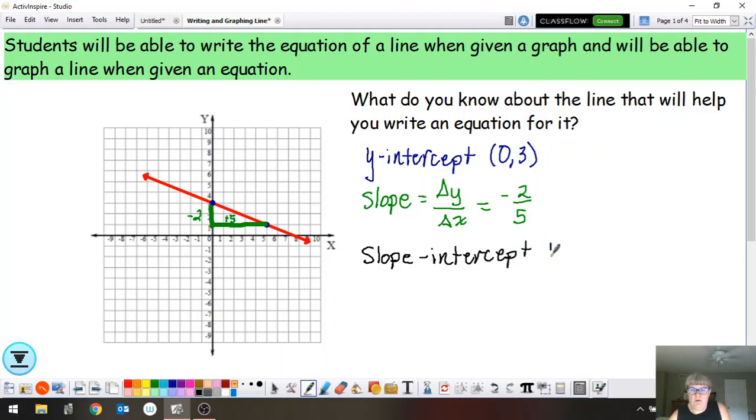And the reason it's called slope-intercept form is because in that form we can identify the slope and the y-intercept of a line. The slope-intercept form of a line is y equals mx plus b, where m is the slope, or our rate of change, and b is the y value of the y-intercept.